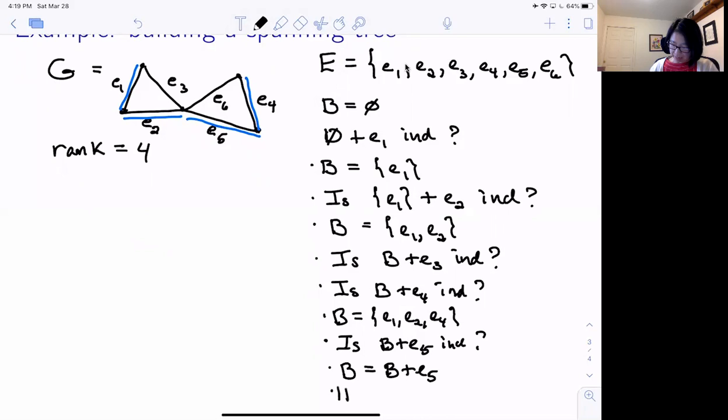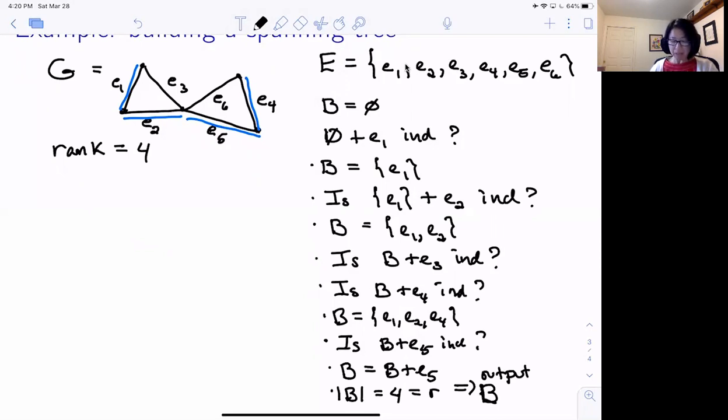And now B has 4 elements, equal to the rank R. And so we want to output the basis B, which is E1, E2, E4, E5.